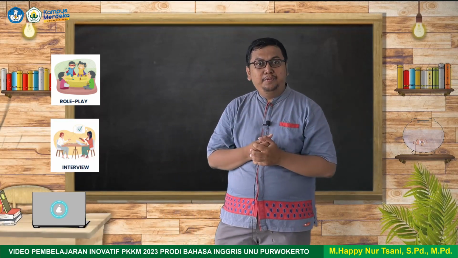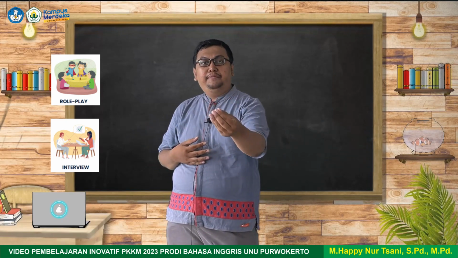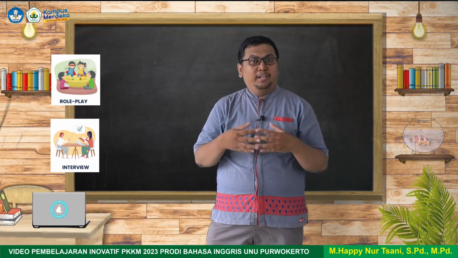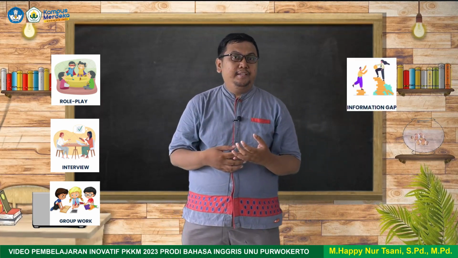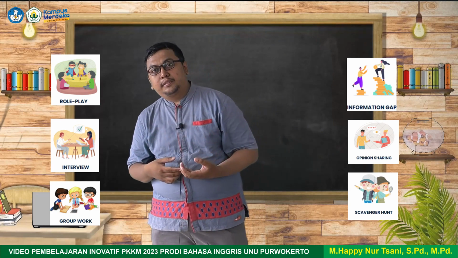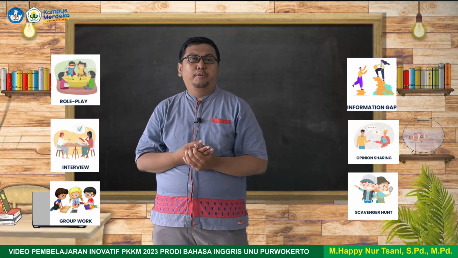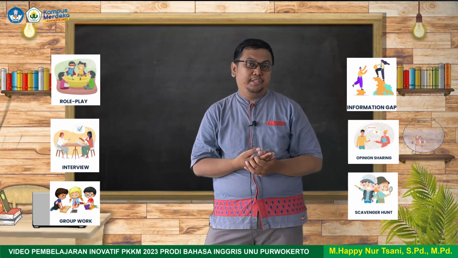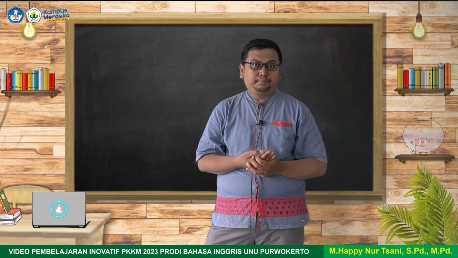There is an interview, of course, where there will be interaction between the interviewee and the interviewer. Group work, information gap, opinion sharing, and also scavenger hunt are also some models of communicative language teaching.